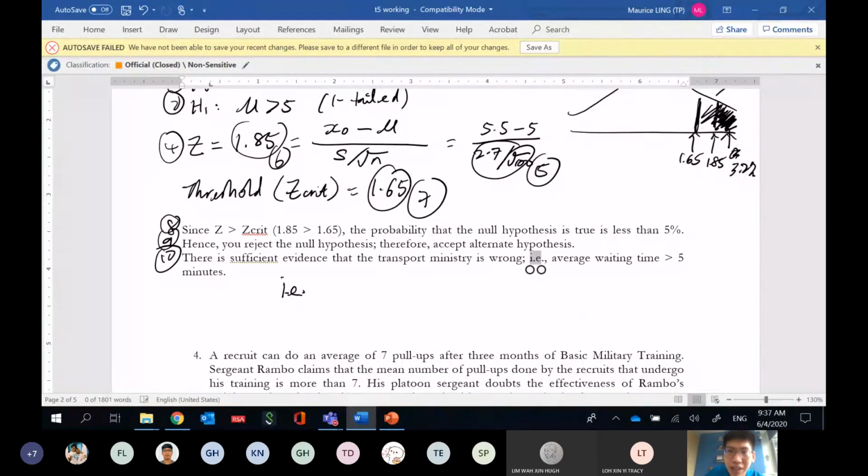Does it stand for exempli gratia? Exempli gratia is EG. Okay, this is for example. Well, translate in English, for example. Exempli gratia, for example.